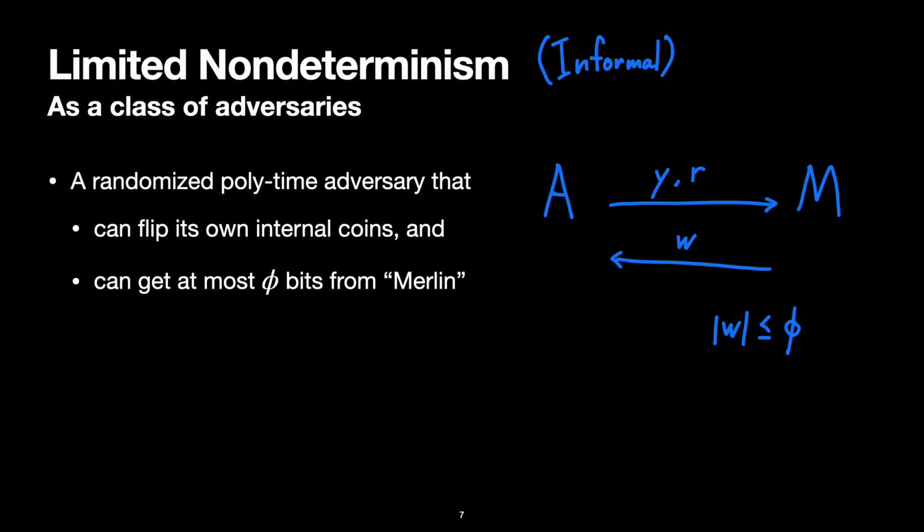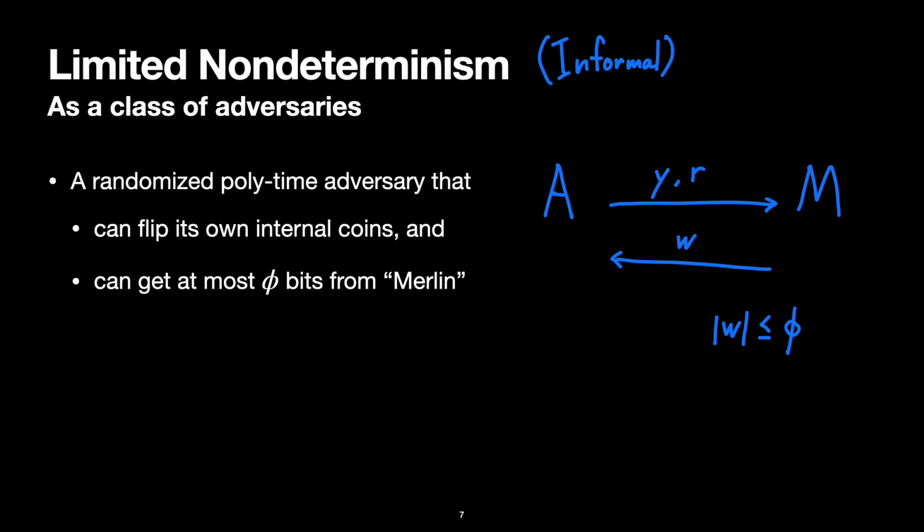Class of adversaries A, that are randomized polytime adversaries, that can flip their own internal random coins, and they can get at most phi bits from Merlin. The adversary A will receive some input y, will flip its own coins, send that to Merlin, and get back a witness w, as long as we're just assuming that the witness is less than or equal to phi in length.